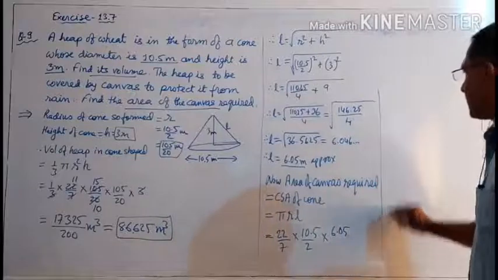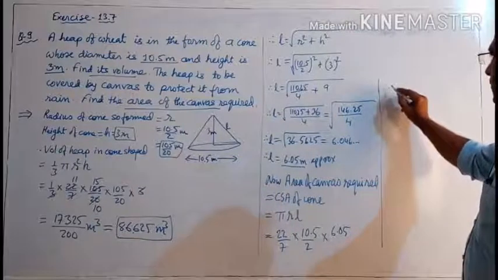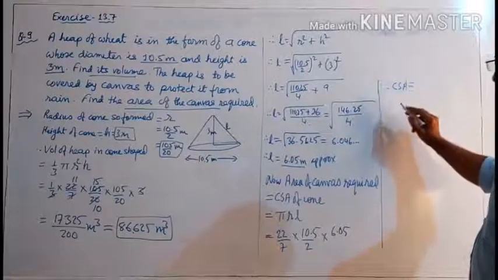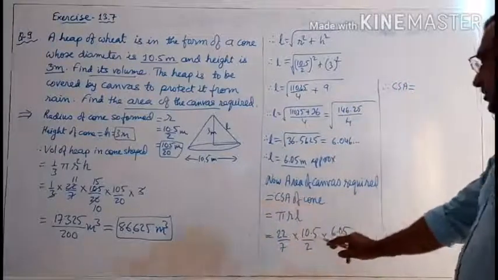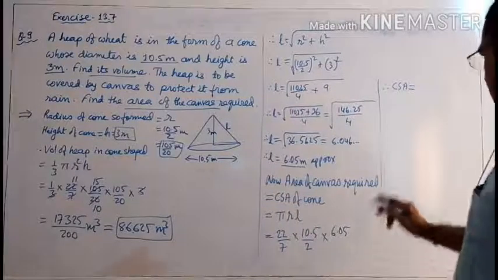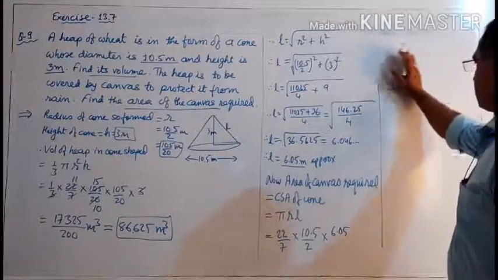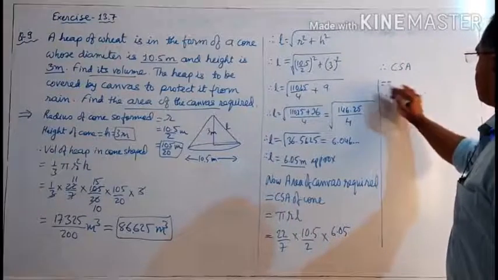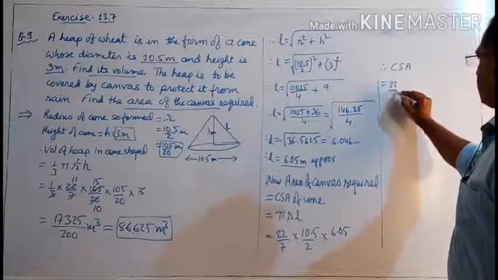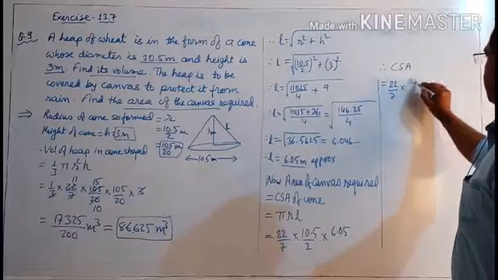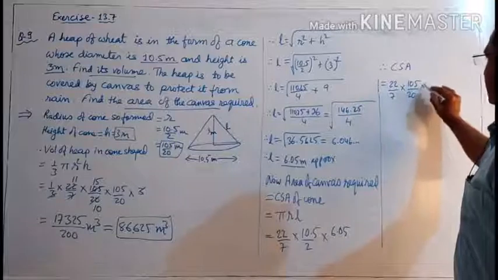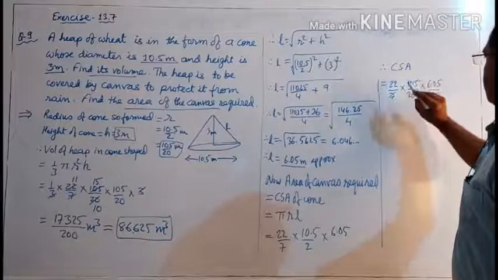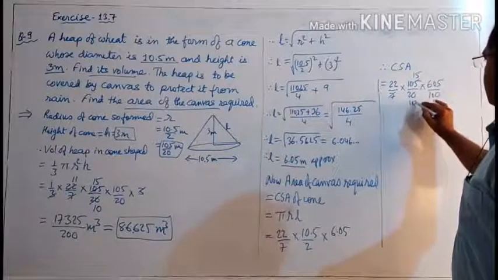So the curved surface area is equal to 22 by 7 multiplied by 105 divided by 20 multiplied by 605 divided by 100, cancelling 7 with 15 and 2 with 10.